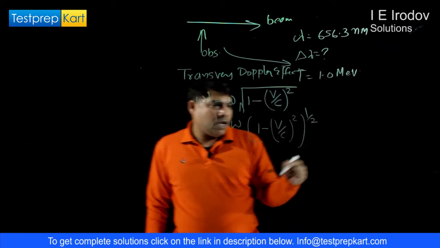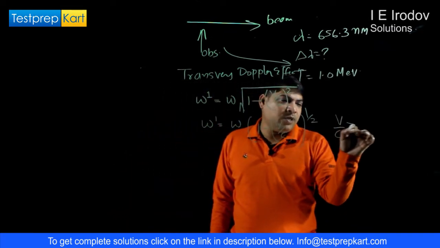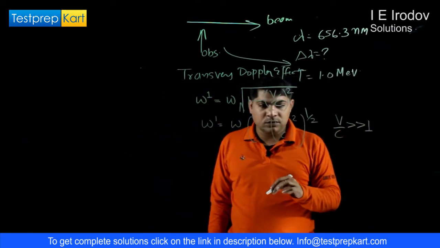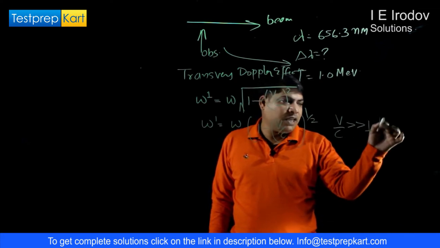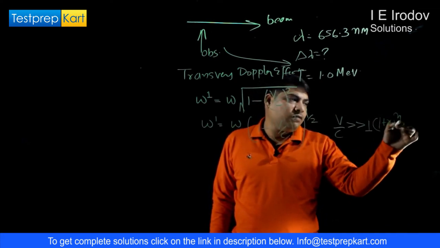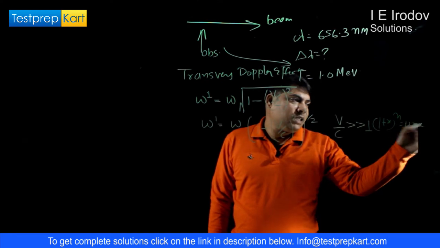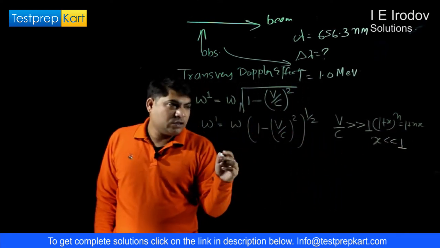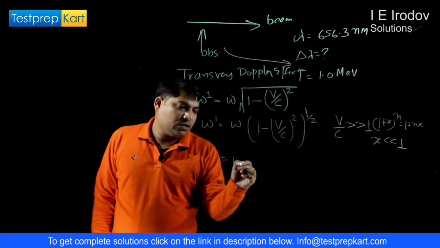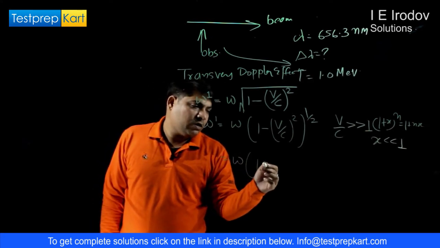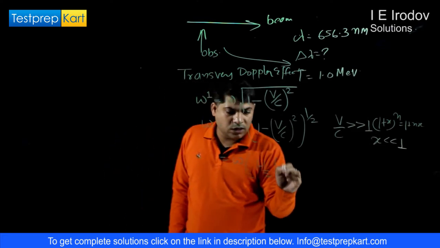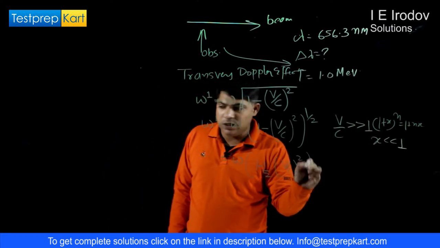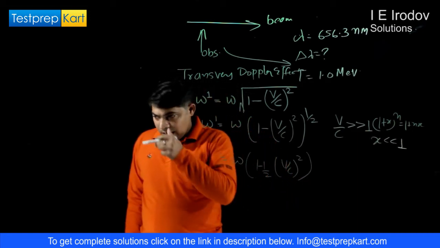Again, this V by C is very much less than 1. So we can write the expansion of this as 1 plus nx if x is very less than 1. Similarly we can write this as omega into (1 minus 1 by 2 into (V by C) whole square).